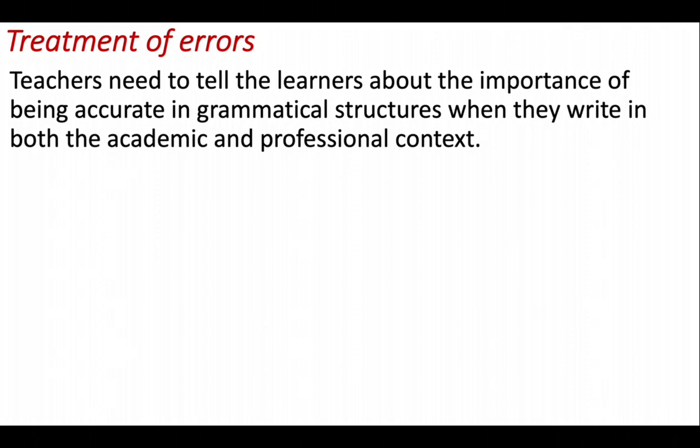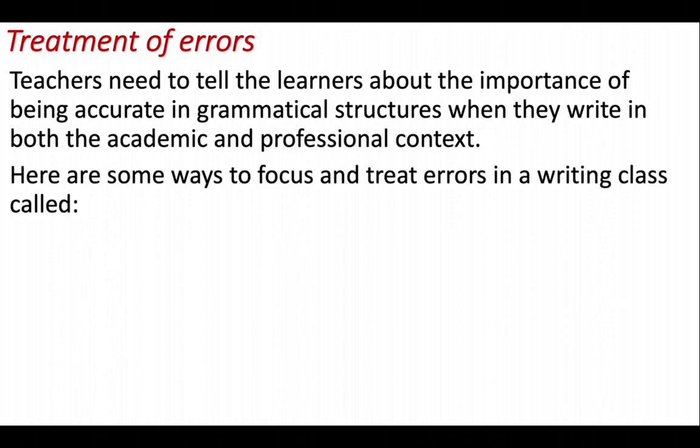Sometimes when we are not grammatical, there is the possibility of impeding your readers from understanding what you're saying. So there is a place for accuracy. We have fluency, and also accuracy, in terms of grammatical structure being accurate.